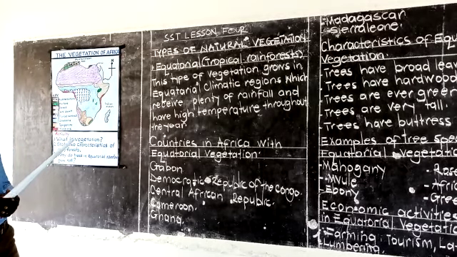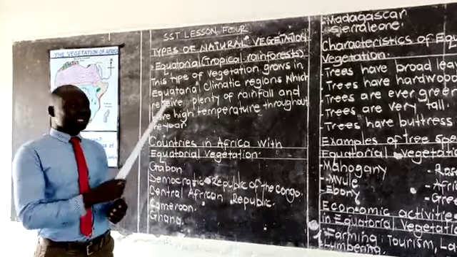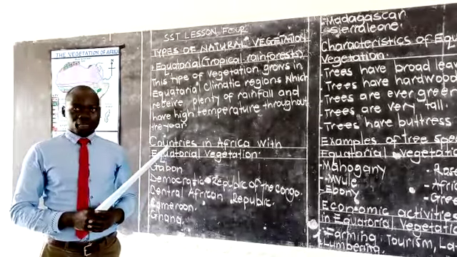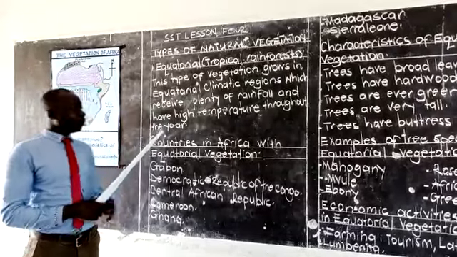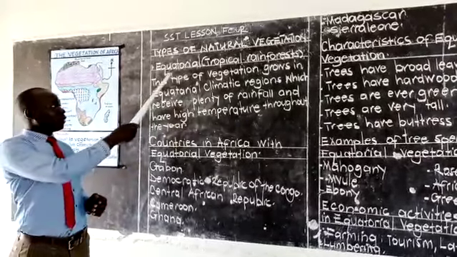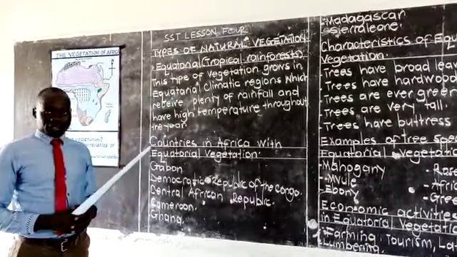Now, basically today, we are going to look at the types of natural vegetation. So, the first one, which we're going to pick, is called equatorial or tropical rainforest.